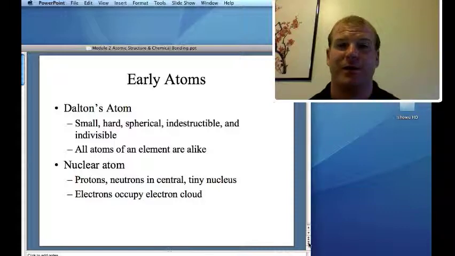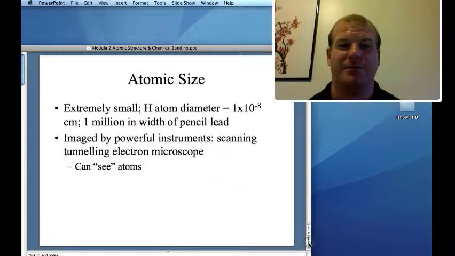And there's more. There's also the plum pudding model and various things, but I'm not going to go through all of it, but I like some of these just because they tell stories. And so right now we have the atom having a small, dense center called the nucleus, and then electrons on the outside called the electron cloud.